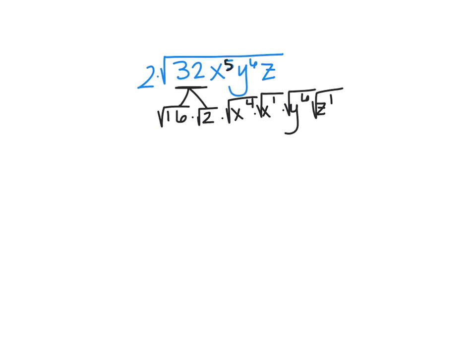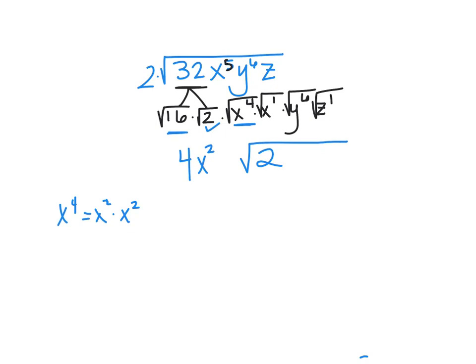Okay? And let's take a look at our perfect squares first. Square root of 16 is 4. And I know that 2 will be left underneath the radical. So I have that. X to the 4th, square root of x to the 4th. Remember, x to the 4th is the same as x squared times x squared. So the square root of x to the 4th is x squared.